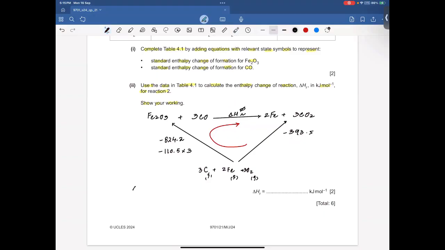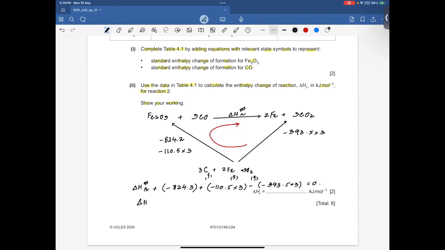So delta H naught R plus minus 824.3 plus minus 110.5 into 3 minus 393.5, and I need to multiply by 3 because we have 3 moles, equals 0.